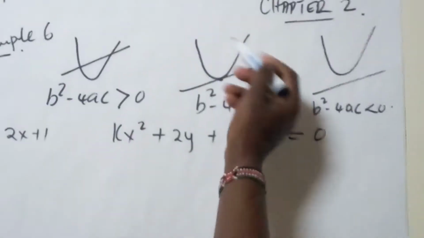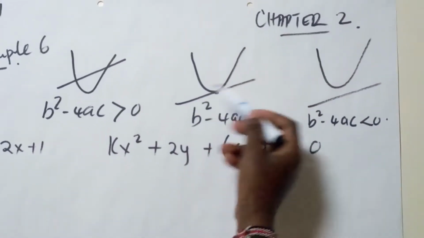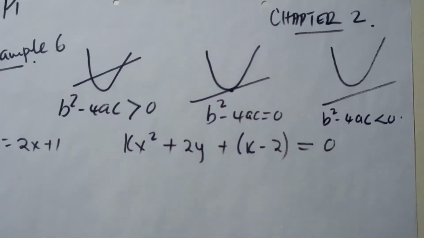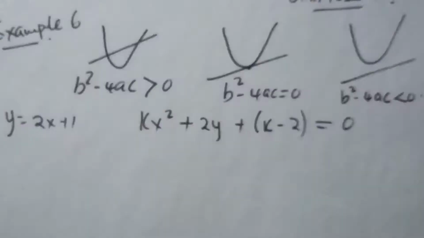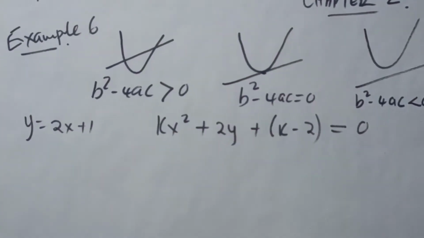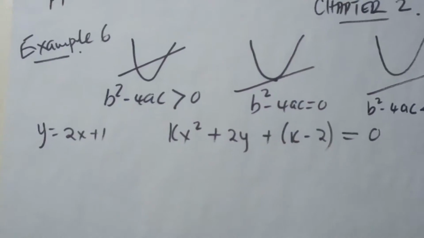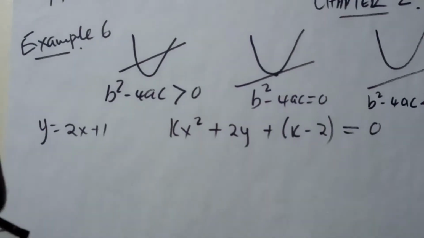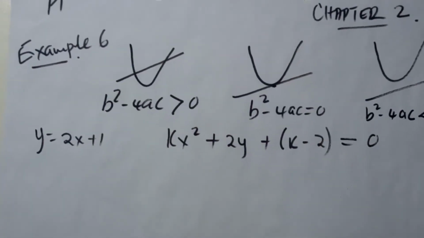So it is actually this case B, at exactly 1 point. Given that k is a positive constant, find the value of k.